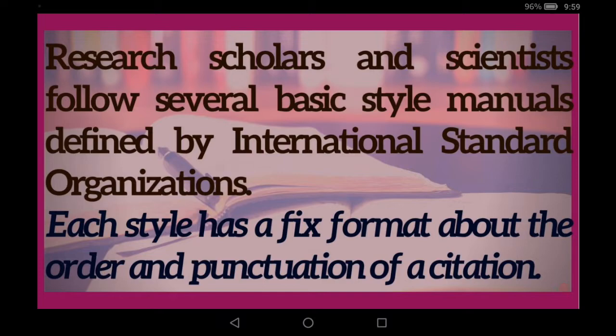What is the order of particular information, and which particular punctuation marks are used and where, is the most important information, because if we are not aware of these things, we may create errors which are not basically accepted at the higher level.